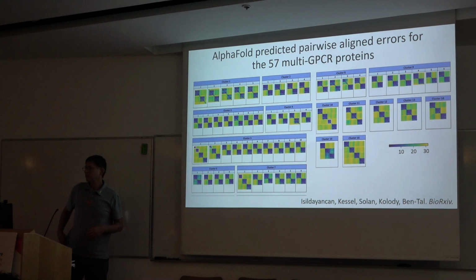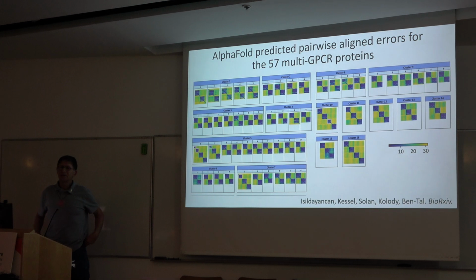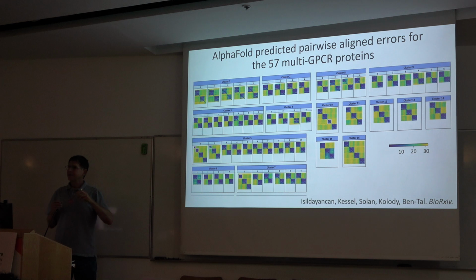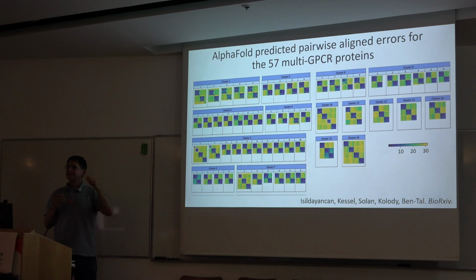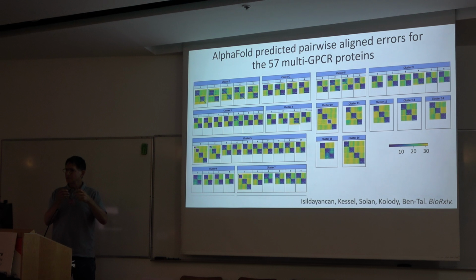And then we put everything into AlphaFold. It was AlphaFold 2 at the time. And what you see here is the level of confidence, in a way that you superimpose the predicted structure on the supposedly real structure in one residue, and you ask what is the likelihood of the rest of the residues to also superimpose well.